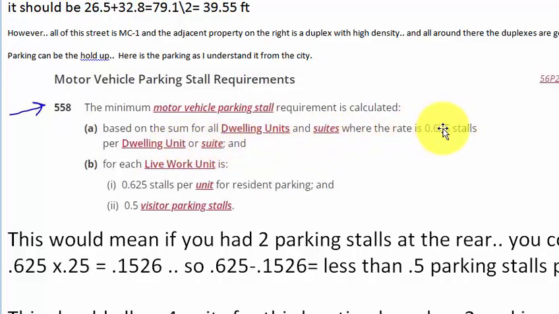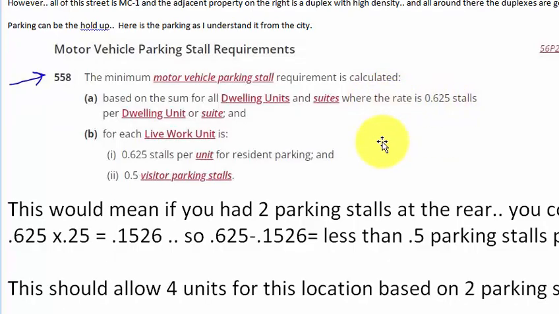So that means really what they're saying is that typically it would be 3 parking stalls for a 25-foot lot zoned for this, because you probably wouldn't get more than 2 cars wide at the back on 25 feet. You wouldn't get 3. Now they don't. I've talked to them before. I don't think you can do tandem. I don't know if that is an option, but I doubt it.